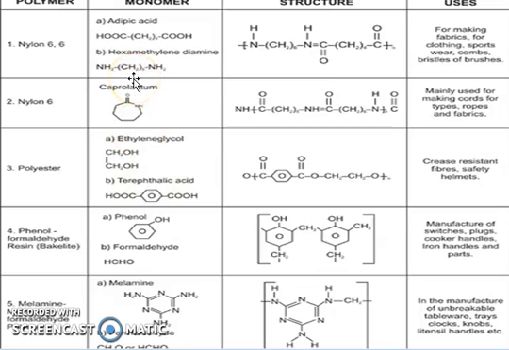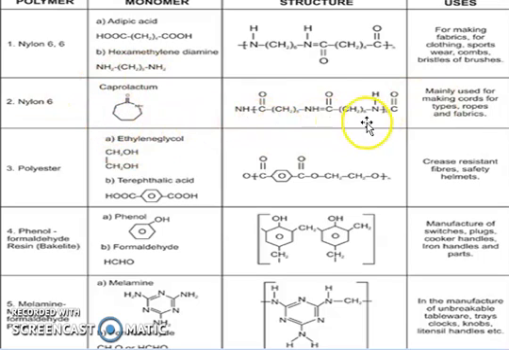Further examples are given. Nylon 66. Its monomers are adipic acid, having formula COOH, CH2, COOH, and hexamethylene diamine. This is the structure of nylon 66 polymer. It is used for making fibers for clothing, sportswear, brushes, etc. Next example is nylon 6, with caprolactam as its monomer unit.